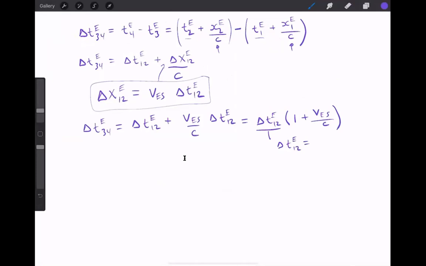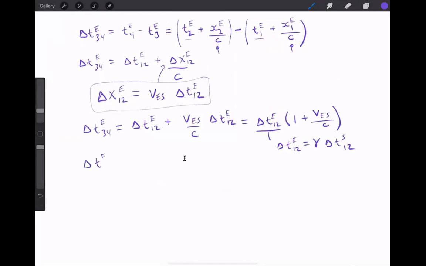This is the equation that I have written before, and it is related to this one, right? Those two are related. So now I can write that delta T_E 3,4 is equal to gamma delta T spaceship 1,2 times 1 plus v_ES divided by the speed of light.